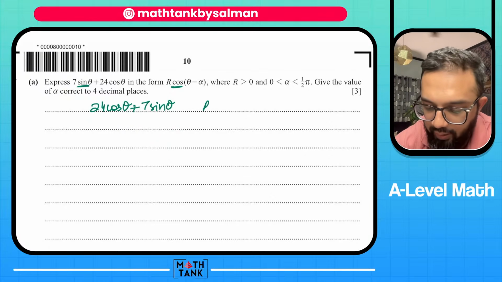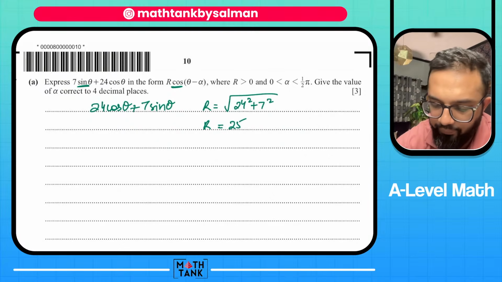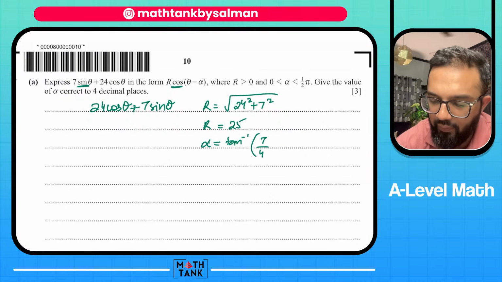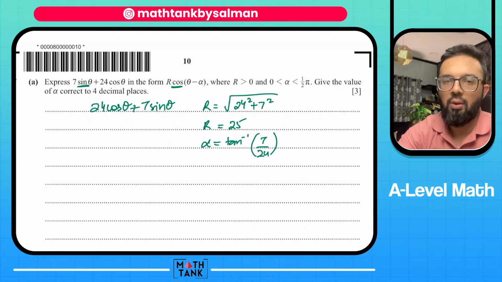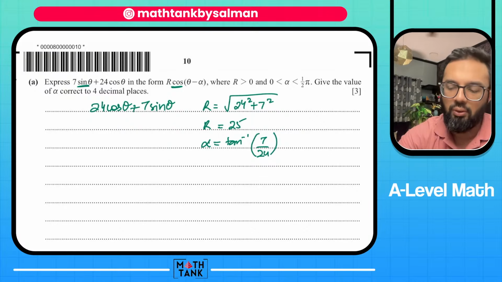Okay, so R is basically root of 24 squared plus 7 squared. That's, I think, 25. Alpha is then tan inverse of 7 over 24, not 24 over 7. Okay, what's 7 over 24? 0.284.